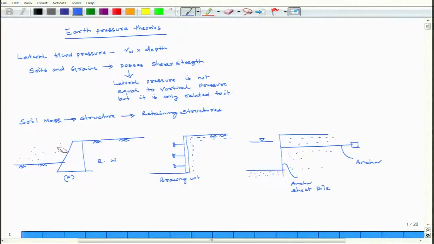If you are retaining soil mass on this side, it is not necessarily horizontal; you can take a very steep slope also. This way you can go for a steep slope. So soil can be retained on one side of the wall and it exerts pressures on the retaining structure, on the wall. What kind of pressure are we going to discuss?